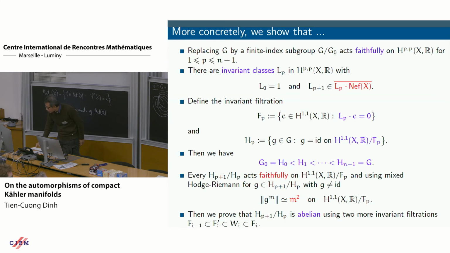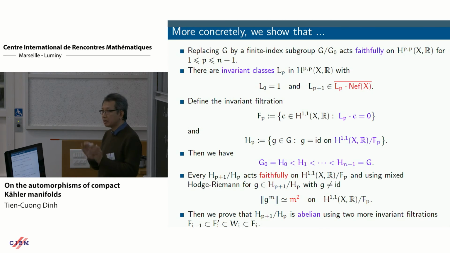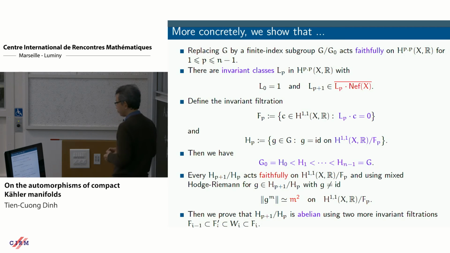So this is a rough idea of the theorem. Let me tell you a little bit more about the proof. According to the Fujiki-Lieberman type theorem, we can replace G by a finite index subgroup, so you can identify G with its action on cohomology. You can see everything on cohomology now.